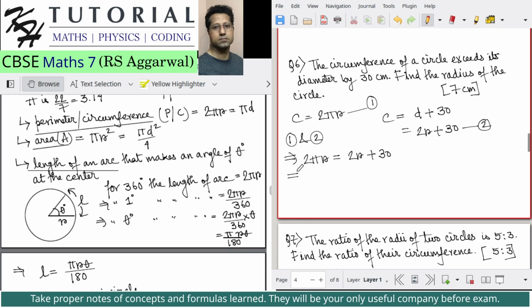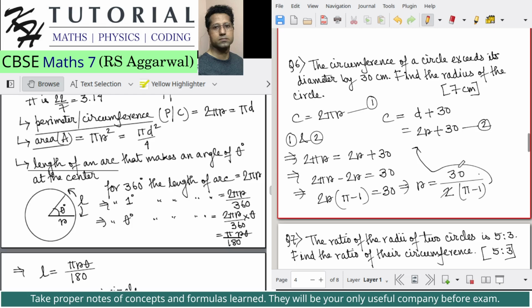The question has asked to find the radius r. So if I bring the r to the left hand side, I have 2 pi r minus 2r is equal to 30. I can take 2r as common: 2r multiplied by pi minus 1 is equal to 30. So r will be equal to 30 divided by 2 multiplied by pi minus 1.